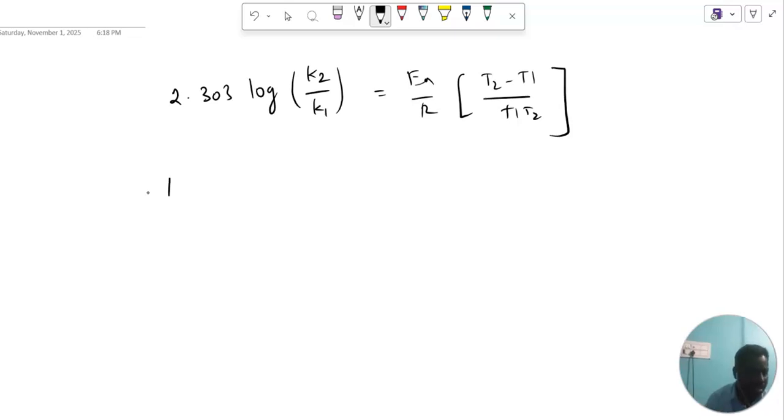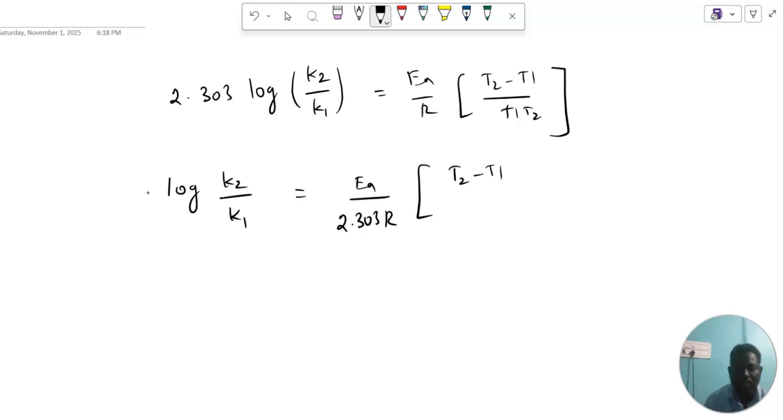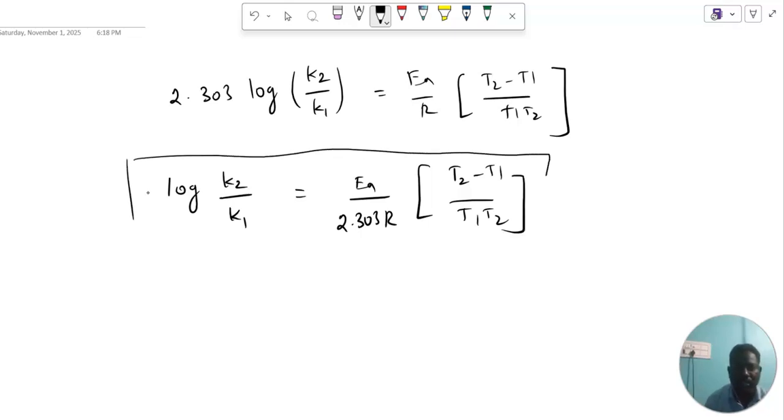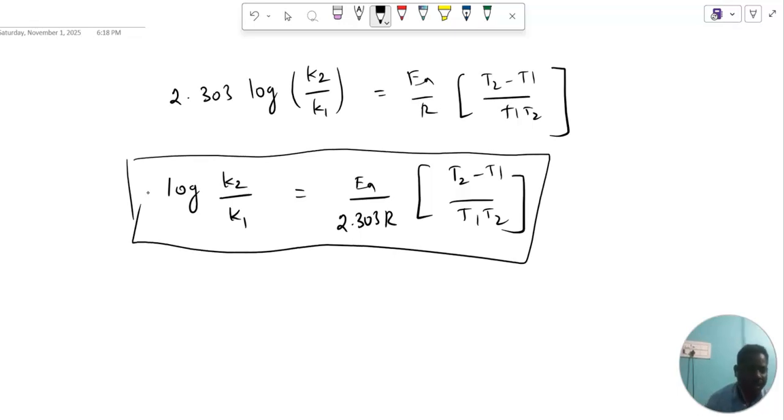So finally log K2 by K1, this I am bringing here, EA by 2.303 R into T2 minus T1 divided by T1 T2. So this is your final equation, or we can call it the Van 't Hoff equation.